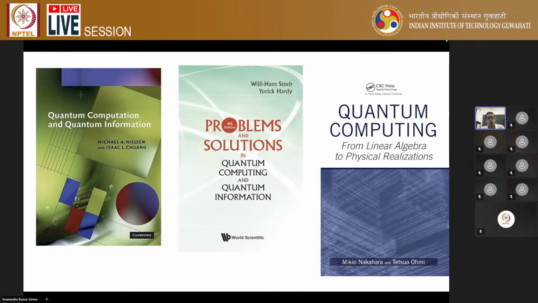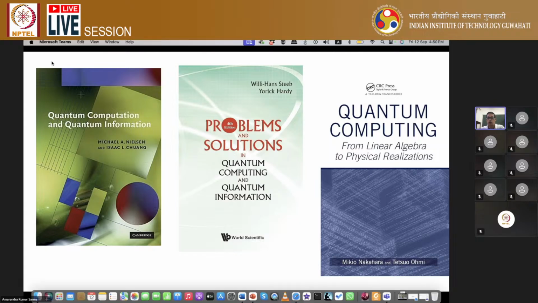There are a lot of solved problems from quantum optics as well, targeting primarily quantum computing and quantum information. And finally, this quantum computing book by Nakahara and Ohmi is very good. You can also consult this book.